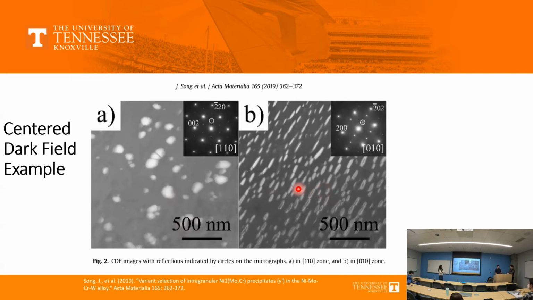So you can see here you get a very different view, not unlike the g dot b analysis with the two-beam condition. You have to be very conscious of what you're counting in a precipitate distribution, and the measurements you're taking could vary depending on the perspective you have looking at it.